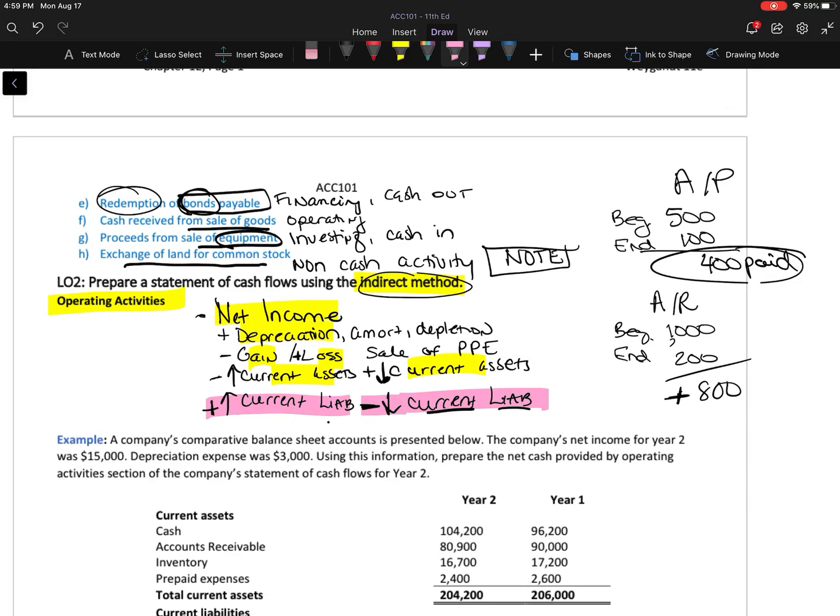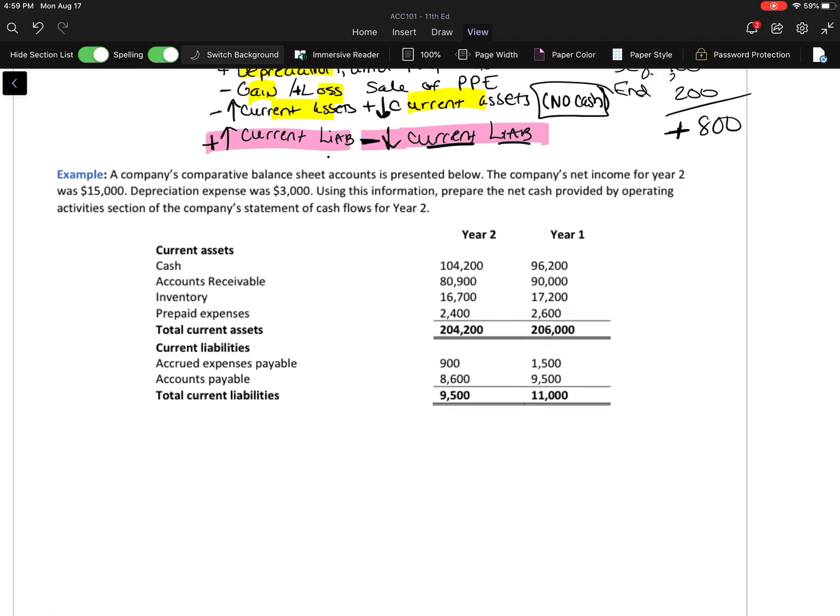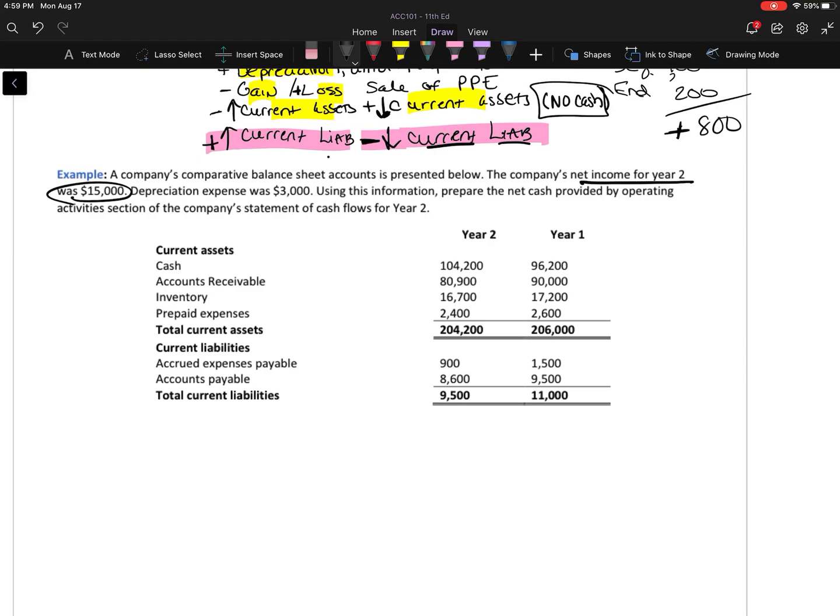We're going to add an increase, subtract a decrease. Once you get the four adjusting categories, then just work through: are we adding or subtracting? The only thing I didn't add in here is cash for current assets, because the overall statement looks at cash. And we'll see that at the very end here.